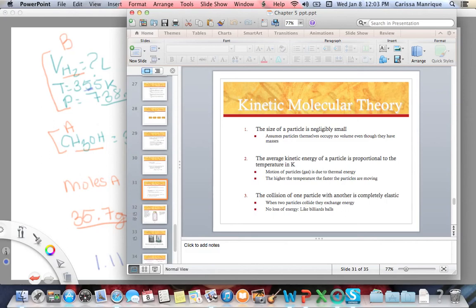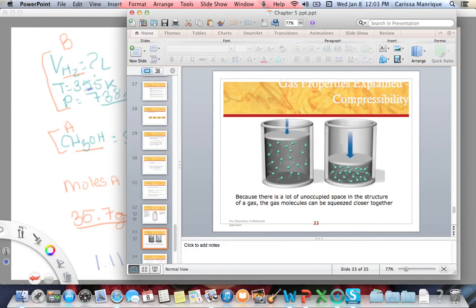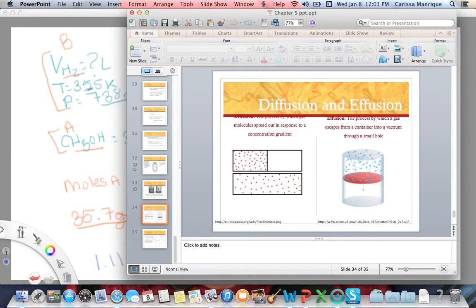The average kinetic energy of a particle is proportional to the temperature in K, which we already know. So as the temperature goes up, the pressure goes up. And the collisions of one particle to another are elastic. So they hit each other like balls; they don't attach to each other. That's just how gas molecules behave. And we've already gone over compressibility and diffusion.